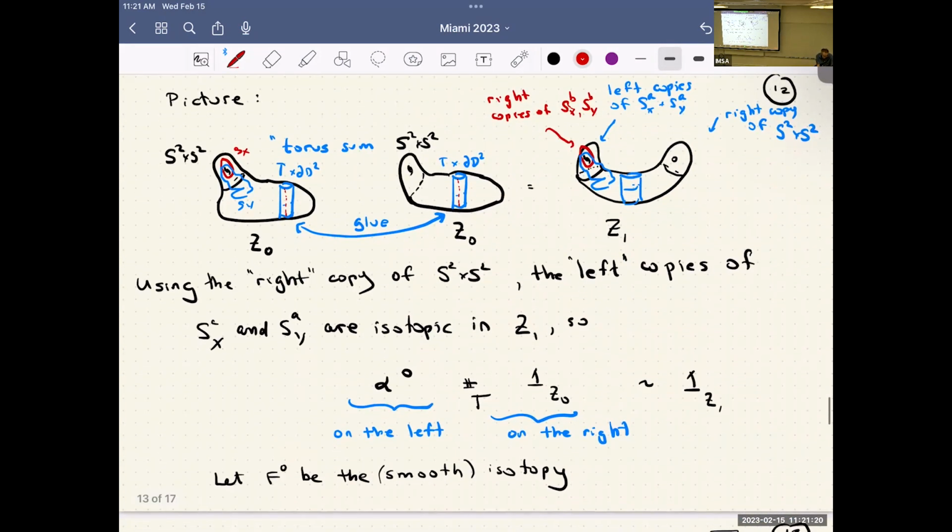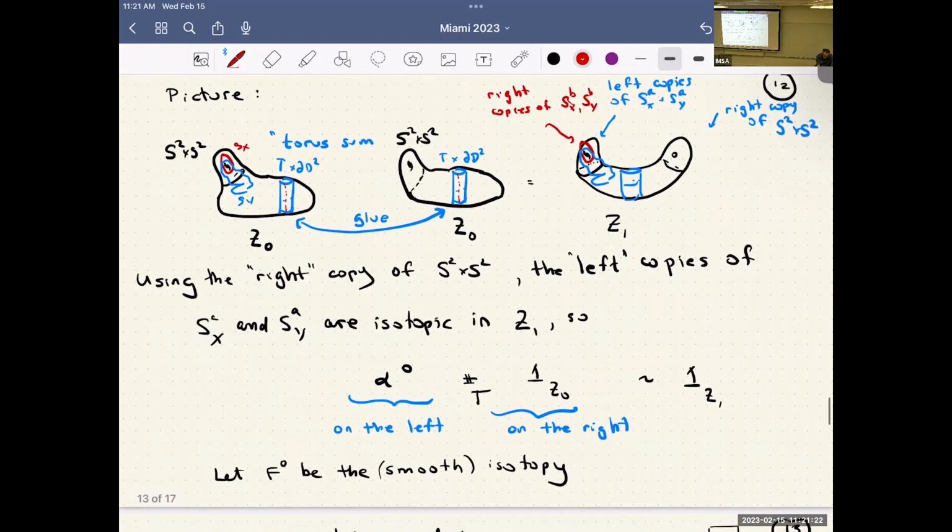This is supposed to be Z0. This is its torus, this is its torus. This is the S2 cross S2 sitting there. Here's another copy, which looks just the same. Now we do this sum, and it has two S2 cross S2 summands, and the torus is over here. So there are two copies of S2 cross S2 in this Z1, this one on the left and this one on the right.